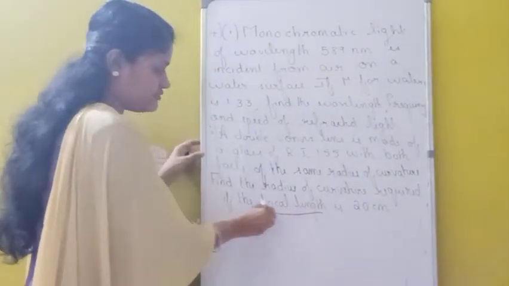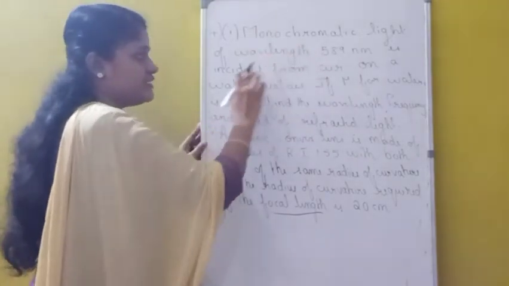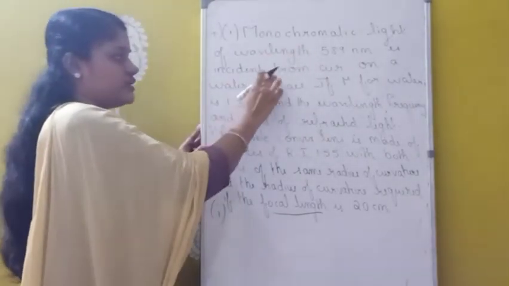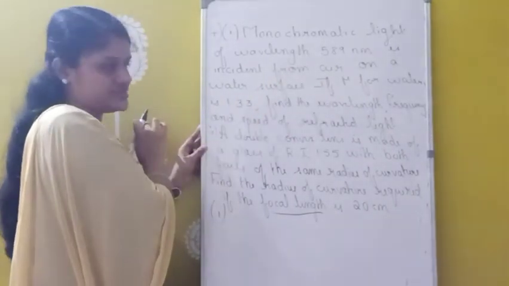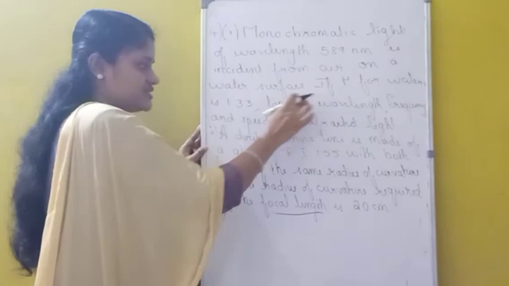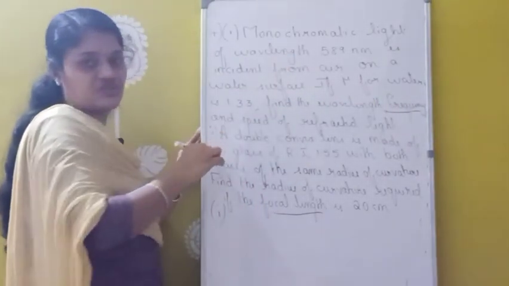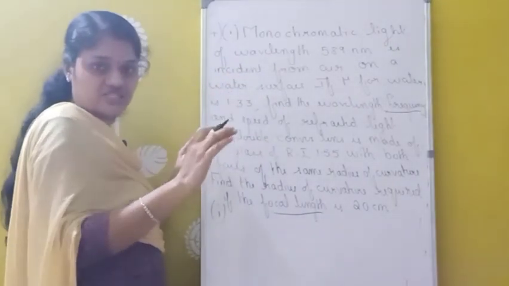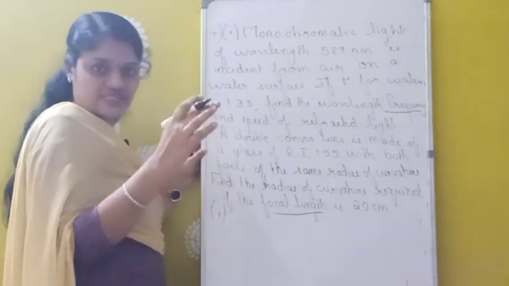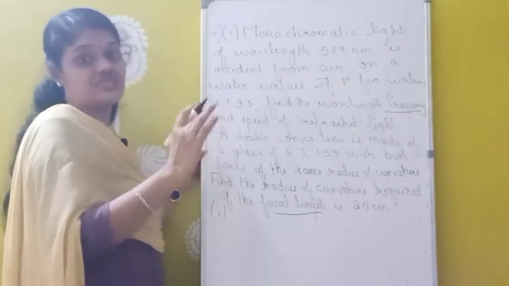So we have the first part. Monochromatic light of wavelength 589 nanometers is incident from air on a water surface. If the refractive index of water is given as 1.33, you have to find wavelength, frequency and speed. First of all I am going for the frequency. The frequency of incident light will not change by refraction or reflection. In the case of reflection as well as refraction, there is no change in frequency.